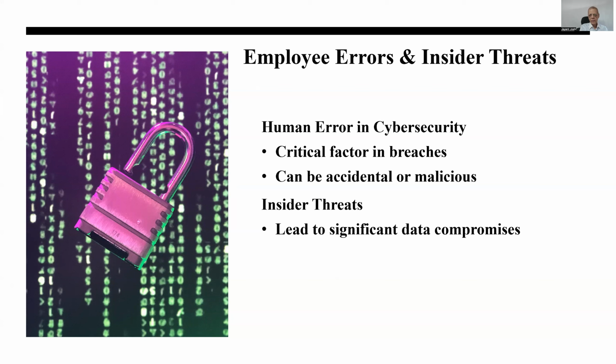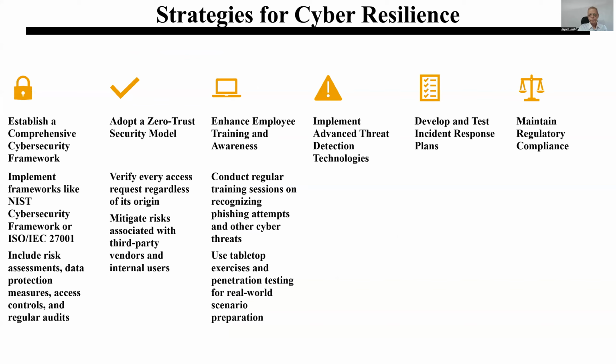Human error in cybersecurity is another factor which we have to consider. It is a critical factor in breaches, and that can be either accidental or malicious. Insider threats lead to significant data compromises.